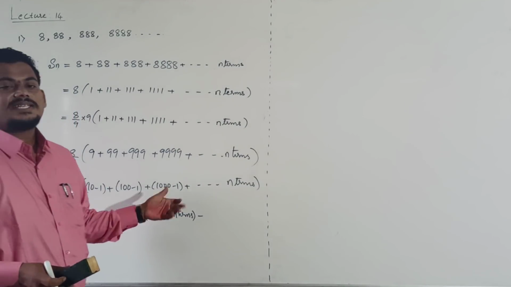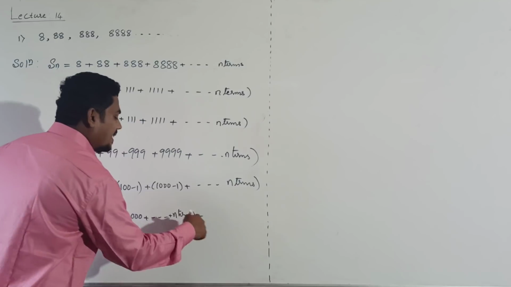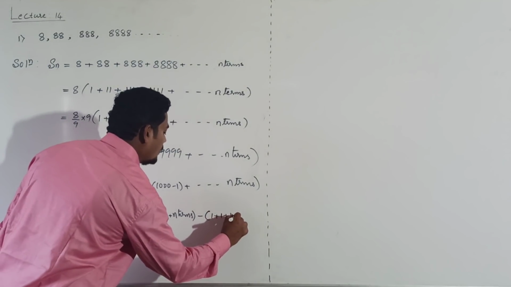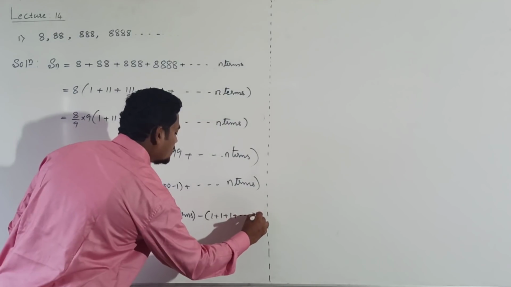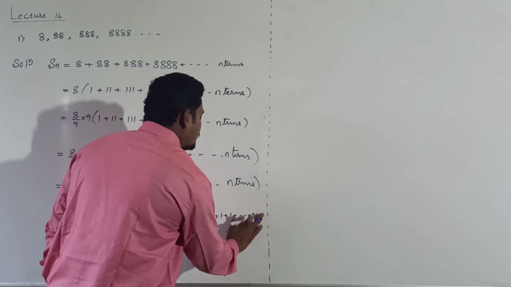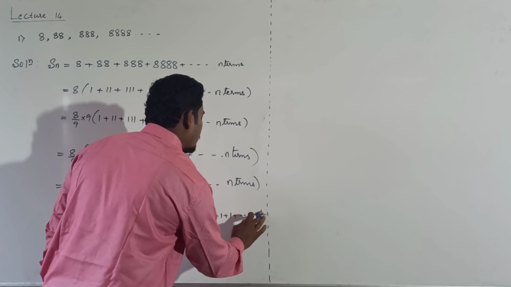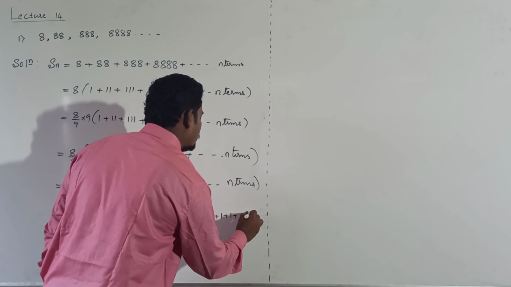Minus 1 in each term, we have minus 1. Taking the negative sign common, then 1 plus 1 plus 1 and so on, 1 n times, up to n terms.